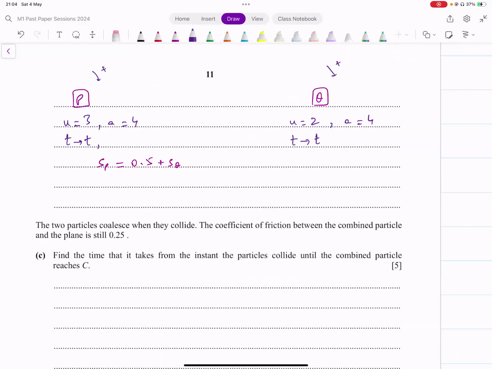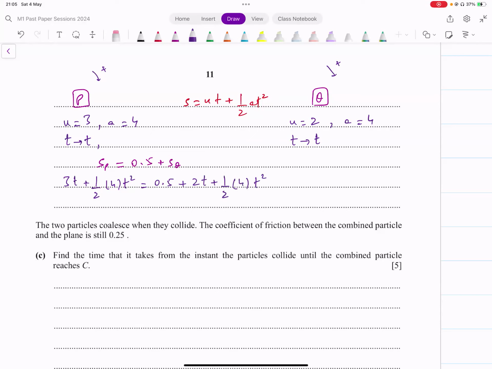Now, let's input values. Which equation connects these things? Ut plus half AT squared, right? We're going to be using that equation, ut plus half at squared. Let's see what we get from that. Displacement of P. That's 3 into T plus half into a, which is 4, into T squared, equals 0.5 plus SQ, which is 2 times T plus half into 4 into T squared.